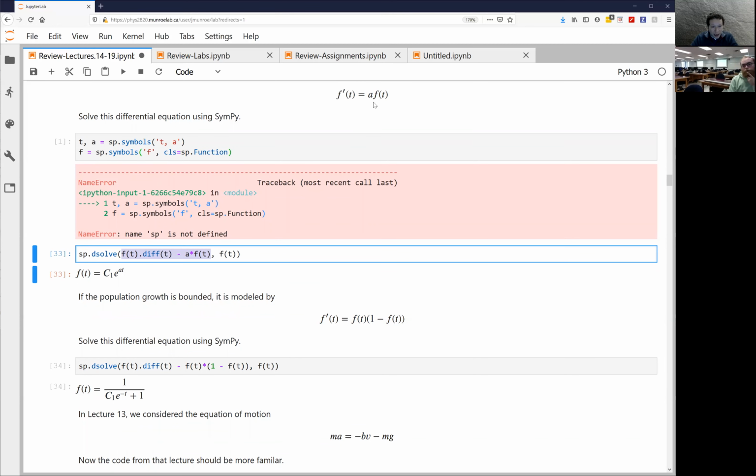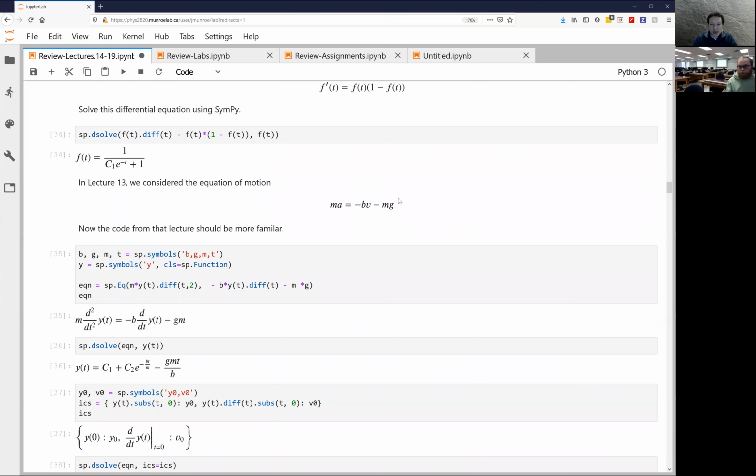If you had a more complicated equation, you could set that up. Here's a more complicated equation. So the equation would be the derivative of f minus f times 1 minus f, solving for f. If you had initial conditions, like in lecture 13, we had this differential equation. Well, this differential equation is a mass times an acceleration equal to minus b times a velocity minus m times g.